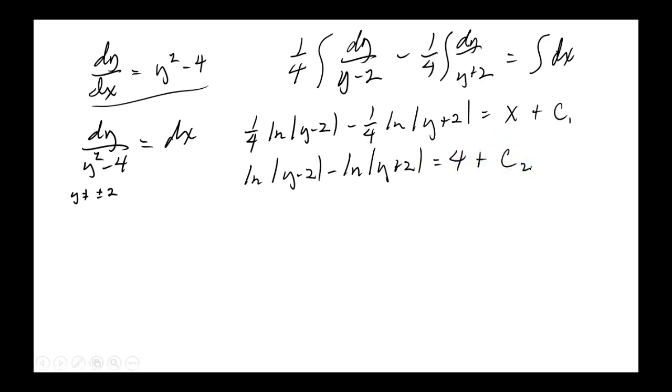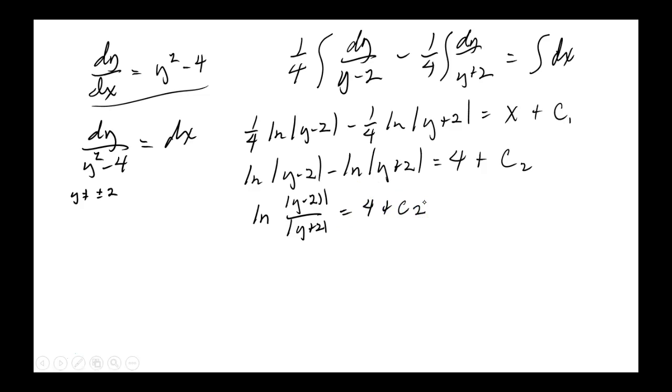They call it C2. 4 times C1 is C2. It doesn't matter. They're just constants, so we don't need 4C1. We'll just call it C2. Now, what this suggests, by the rule of logarithms, is that the log of absolute value y minus 2 over absolute value y plus 2 is equal to 4x plus that C2.